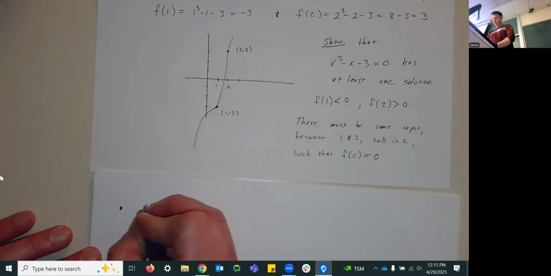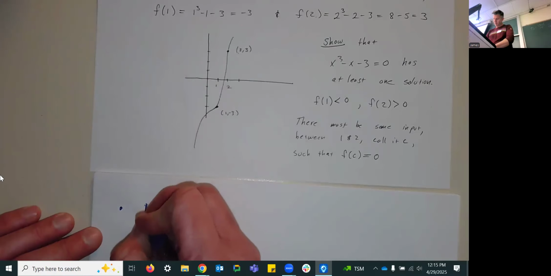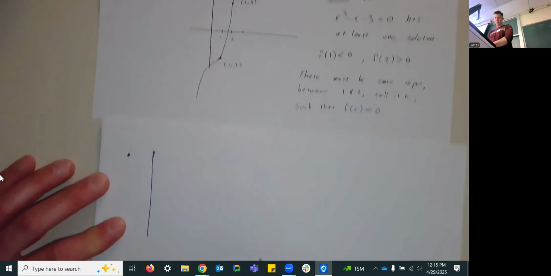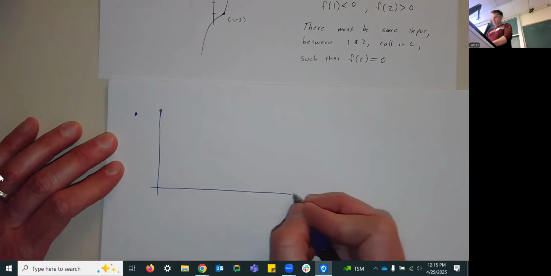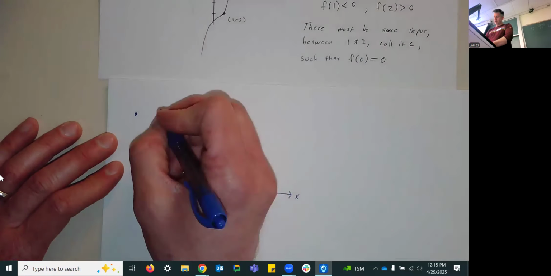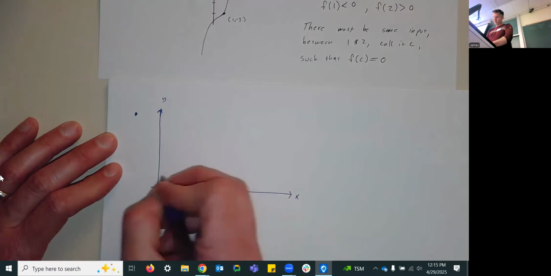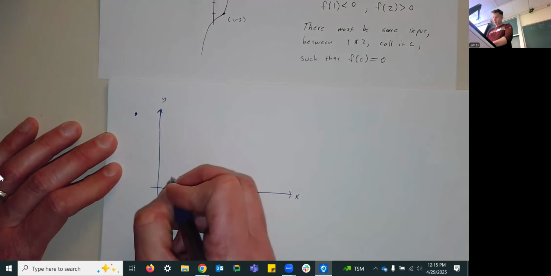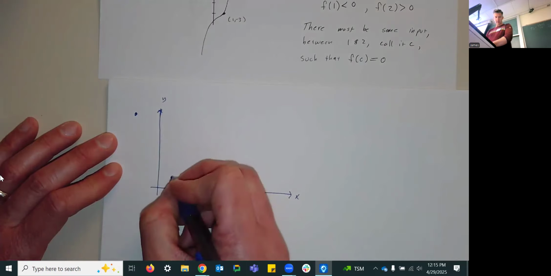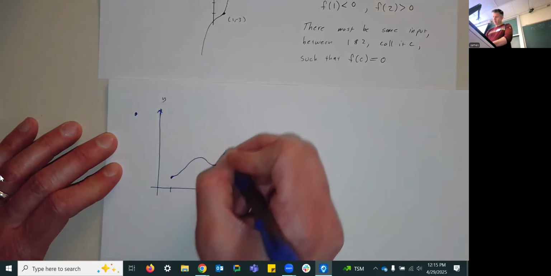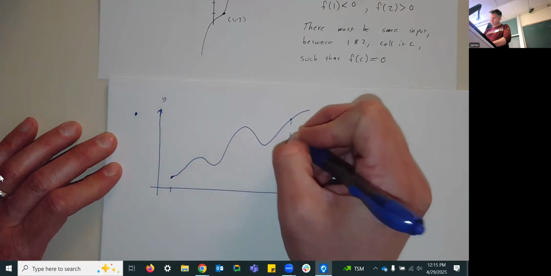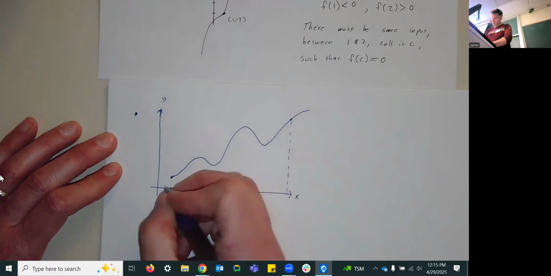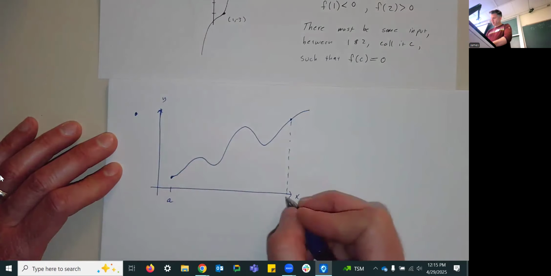So let's draw something first. Let's say we have some graph on the x-axis, y-axis. You've got some function, let's say, starting here and doing something kind of like, I don't know, like that. So we'll say that's our A there.